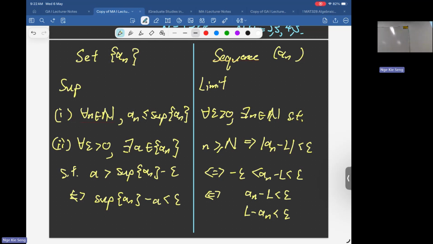So one side can get you the supremum, the other side can get you the infimum. Any question?